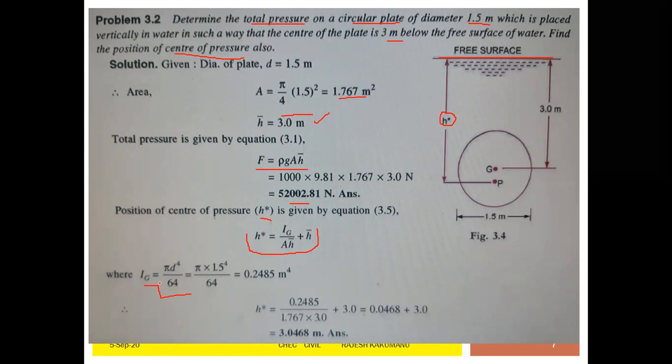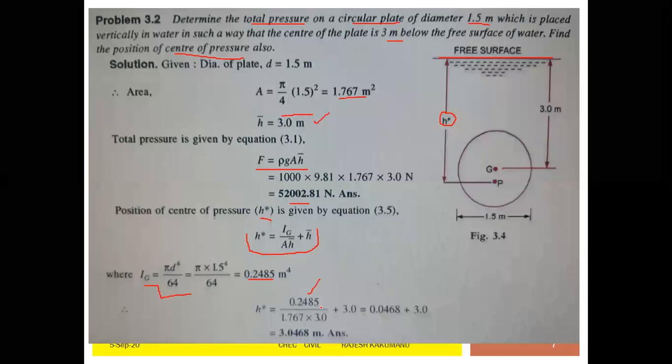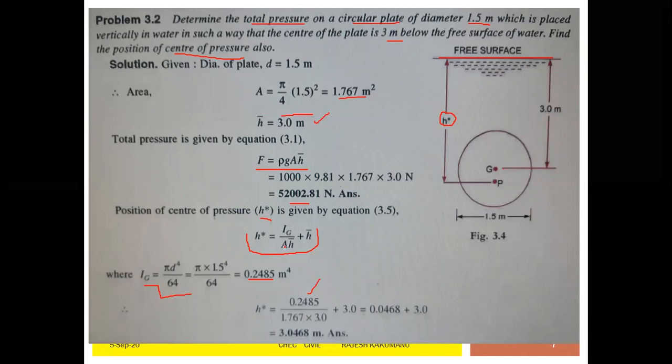Substituting this formula here: pi into 1.5 to the power of 4 by 64. Now Ig is equal to 0.2485. Then what is H star? 0.2485 divided by A into H bar. So totally H star is equal to 3.0468.